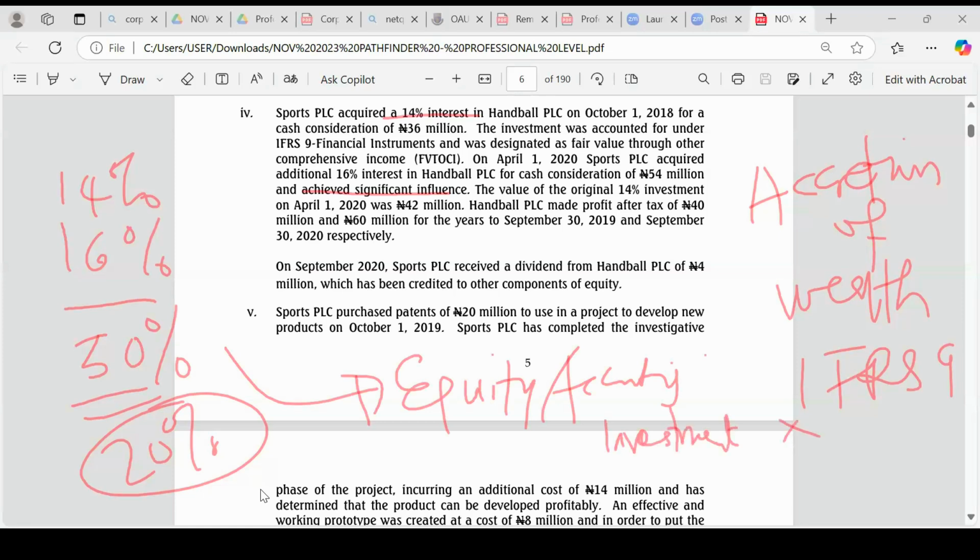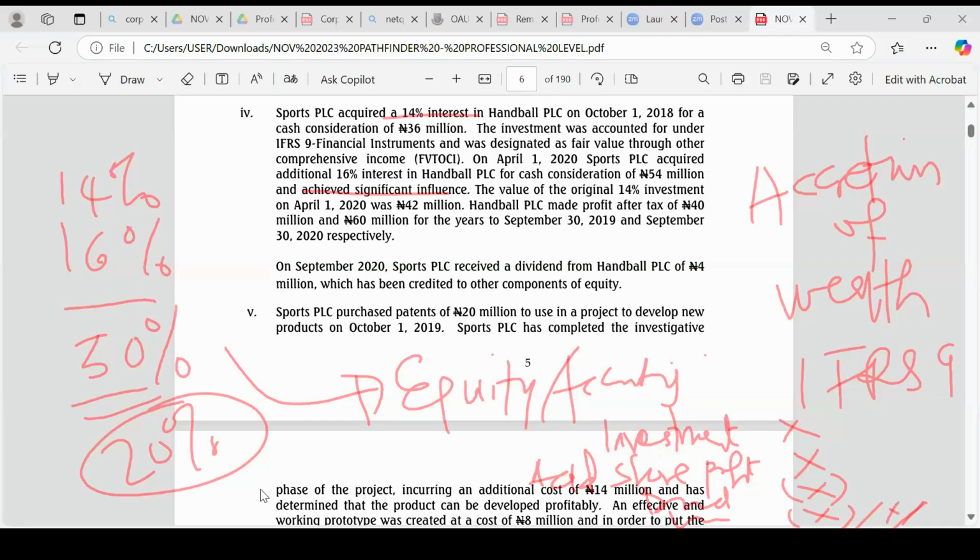To the investment, I'm going to add share of profit. I will deduct any dividend received and then any impairments as well. Whatever is my balance is what will represent my investment in an associate. So we'll come back to it when we go into the solution fully.